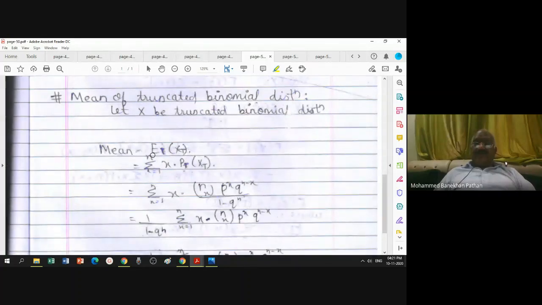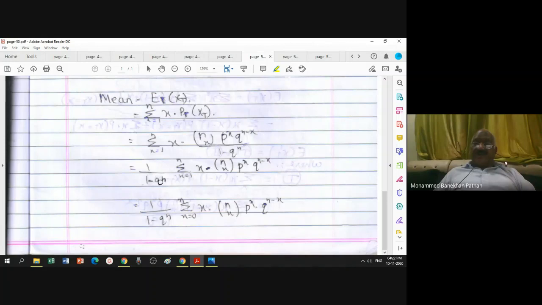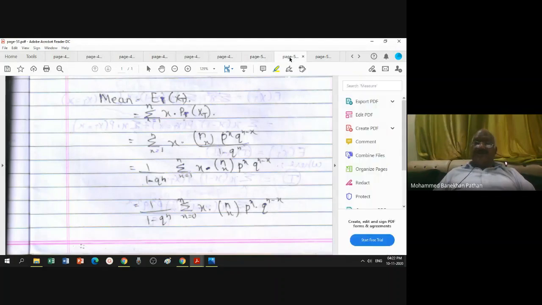Mean equals expected value of Xt, t for truncated, E replaced by summation of value of x multiplied by the function of the truncated variable beginning from 1. x multiplied by the formula of truncated binomial, the constant taken out, summation with x, nCx, p raised to x, q raised to n minus x. So this will be simplified further.